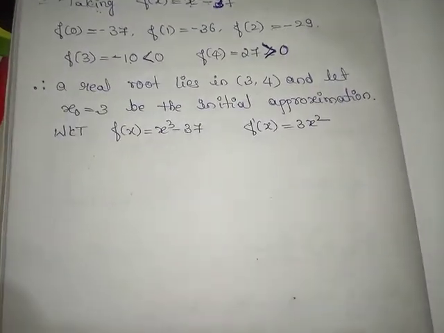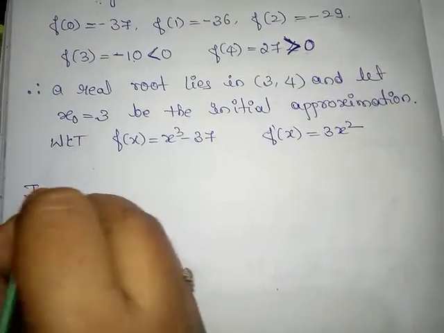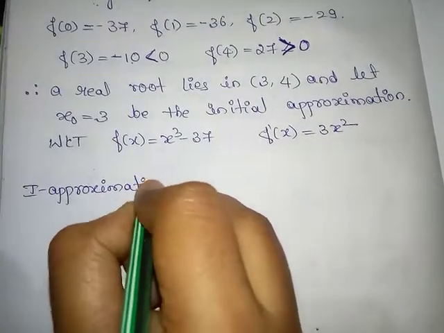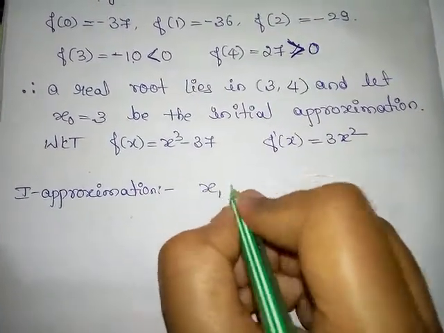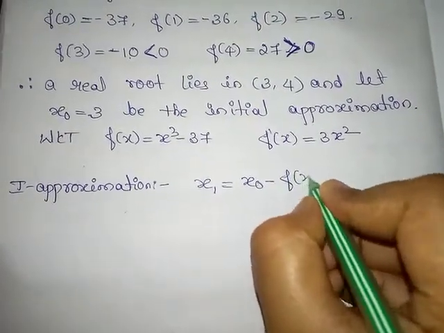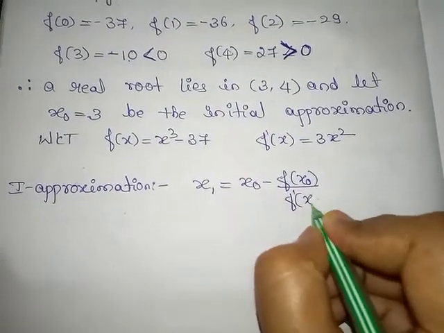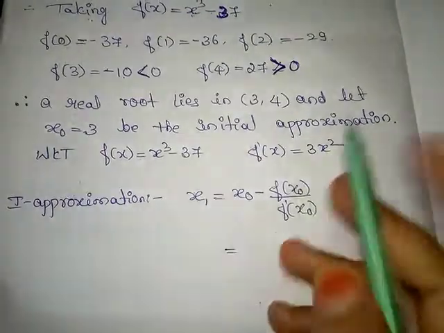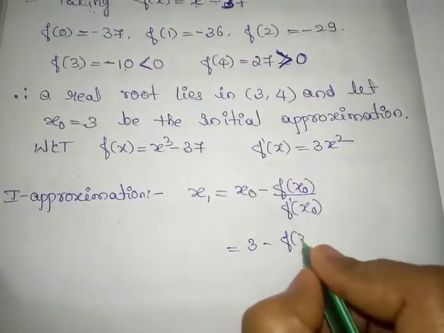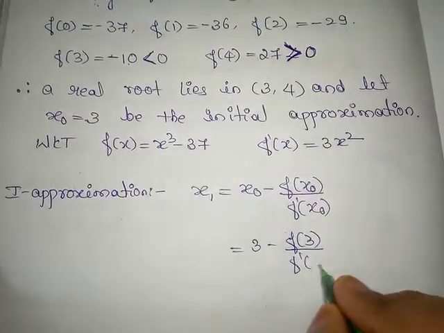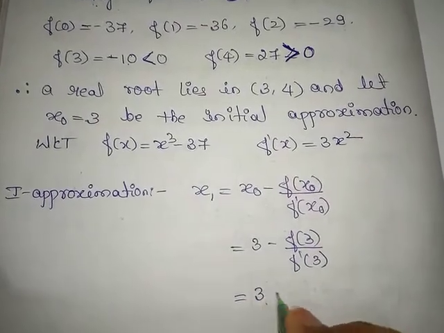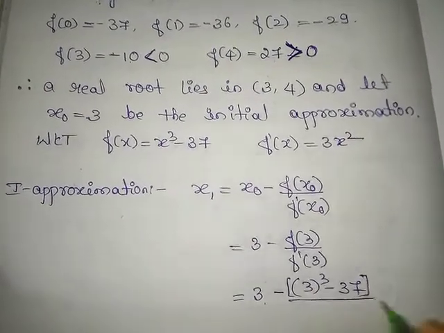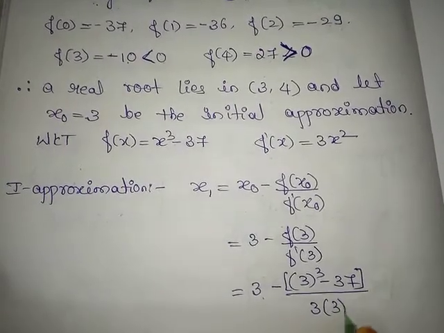Now we go for the first approximation. x1 is equal to x0 minus f of x0 divided by f dash of x0, which is equal to, x0 is 3, 3 minus f of 3 divided by f dash of 3, which is equal to 3 minus 3 cube minus 37 divided by 3 into 3 square.